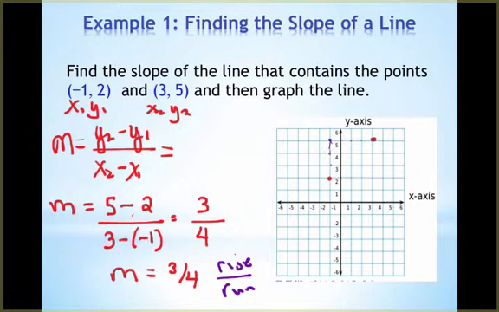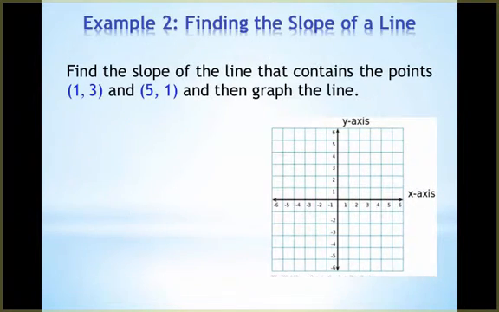So this is what I have computed, is what is the ratio of the rise to the run. And then once I have my 2 points, I could go ahead and draw my line between those. And there's a line that has a slope of 3/4.